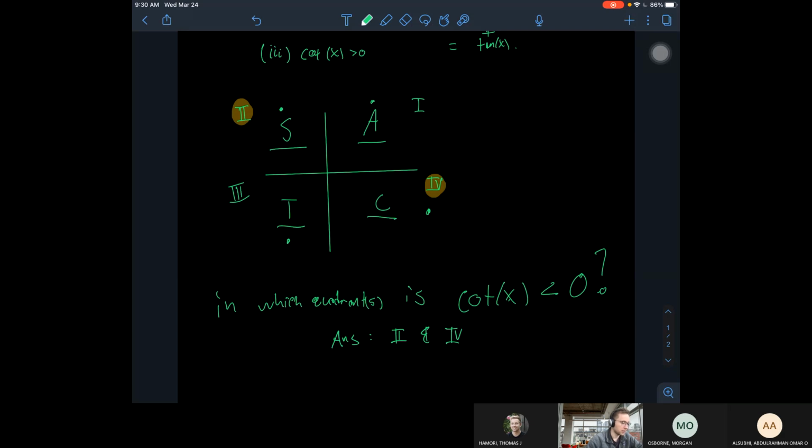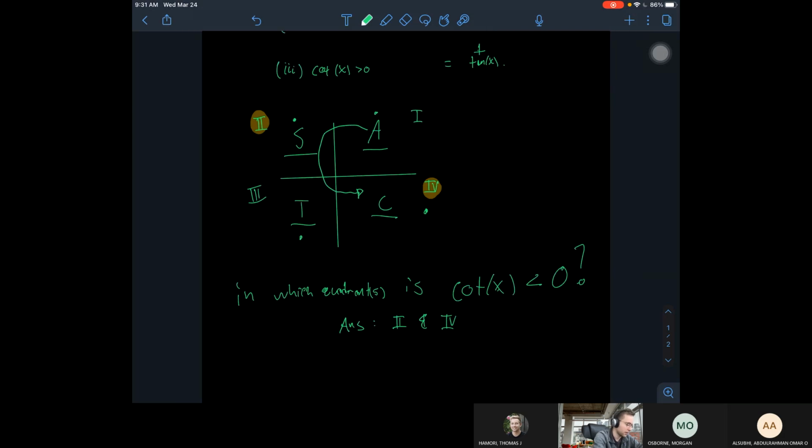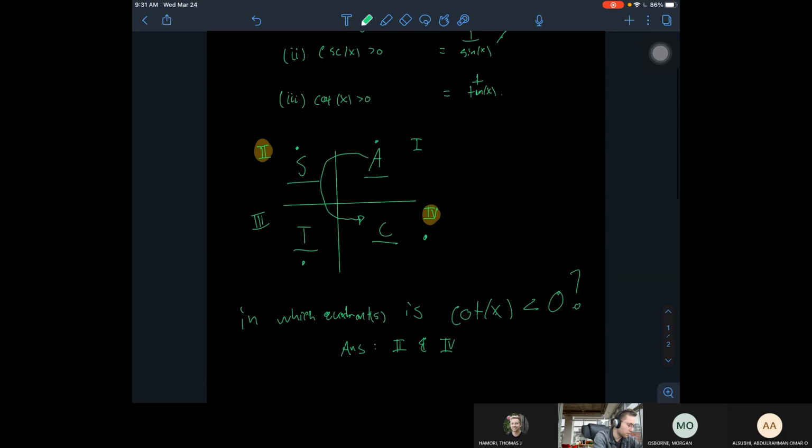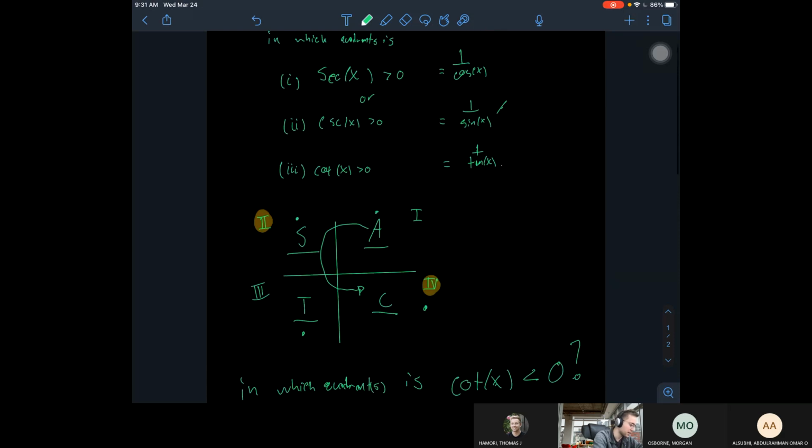All right, does that help clear things up a little bit? It all has to do with this acronym ASTC, which if you want to remember it, it's All Students Take Calculus. Or you can come up with your own mnemonic device if you want. This is how we remember where the trigonometric functions are positive.